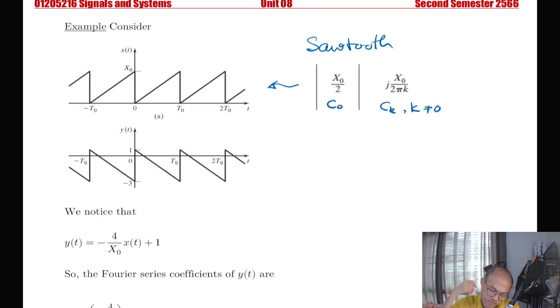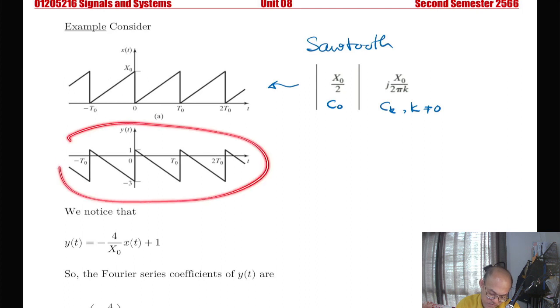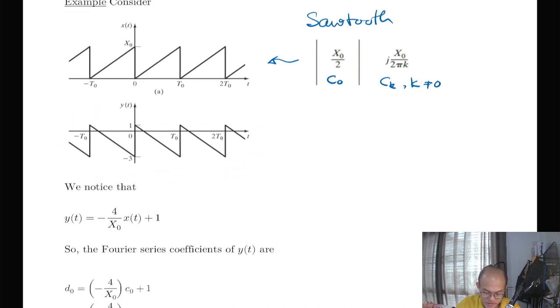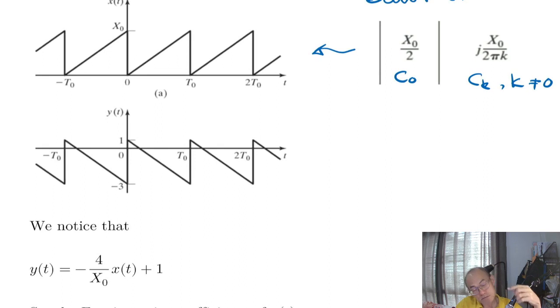Now, we want to find the Fourier series coefficient of this signal. How do we do that? We have to be vigilant, and we have to notice that y here is just the reciprocal of x. You see, if I want to plot, so you see, the height of y is 4, and the height of x is x0.